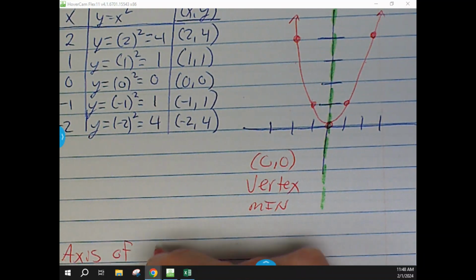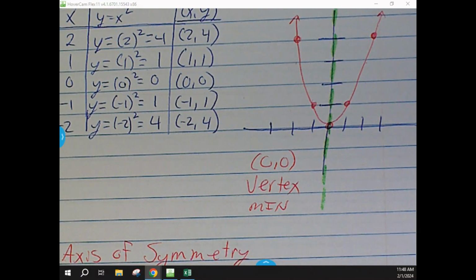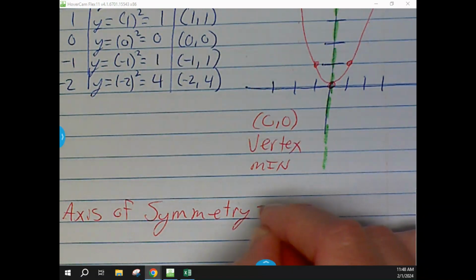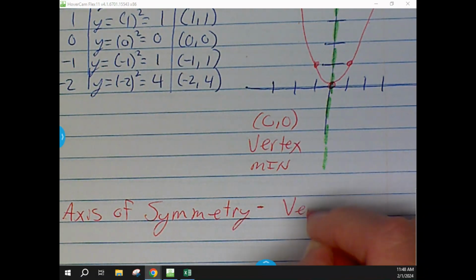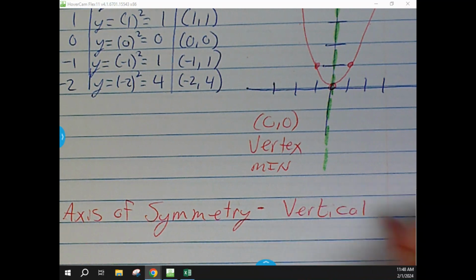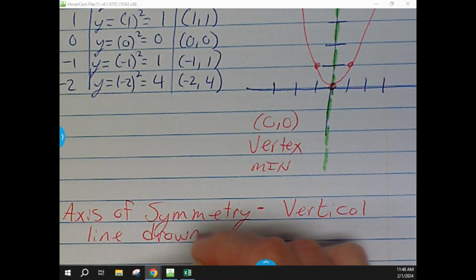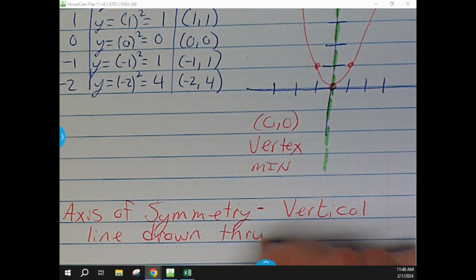So when they talk about an axis of symmetry, that's one of the new things we'll add for this part today. That's just a vertical line drawn through the vertex.